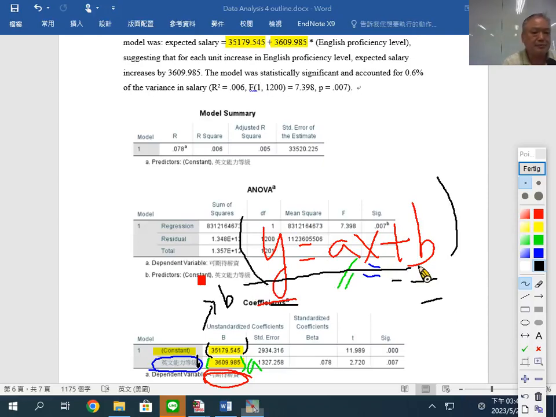Next. It seems that we have an equation, but not all the time we can use the equation. Why? Because we have to make sure both the constant and the B value for the English proficiency level are significant for us to use. So how can we make sure that?